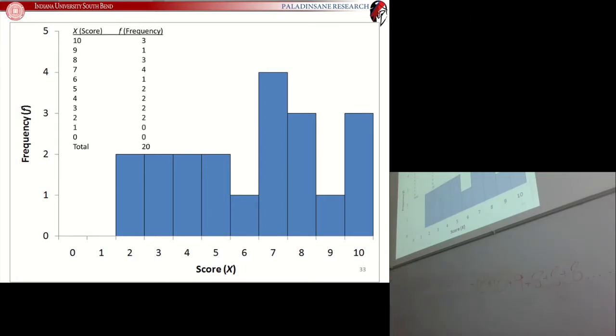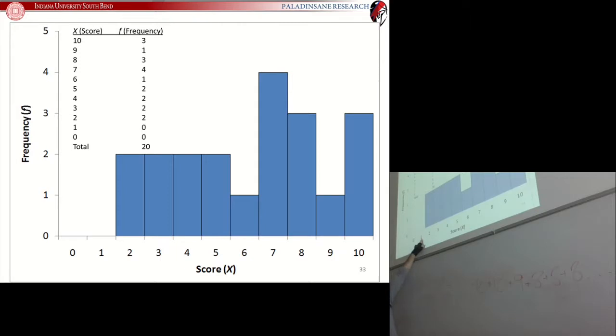So once again, the bars indicate how many individuals attained that particular score. You can see for our frequency distribution table, nobody attained a score of 0 out of 10. And on our frequency distribution histogram, there's no bar above 0 out of 10 because nobody attained that score. Nobody got 1 out of 10.